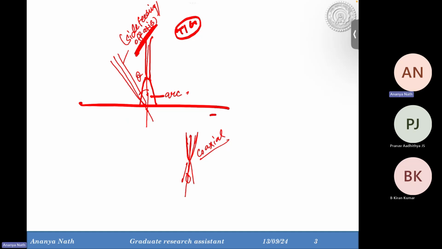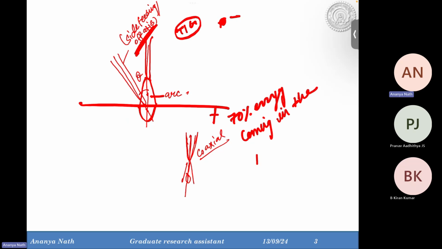So that is why we use here the other polarity, which is electrode negative. In case of MIG, we use electrode positive. In case of TIG, we use this, where you will have more energy, like 70% energy, coming into the substrate.